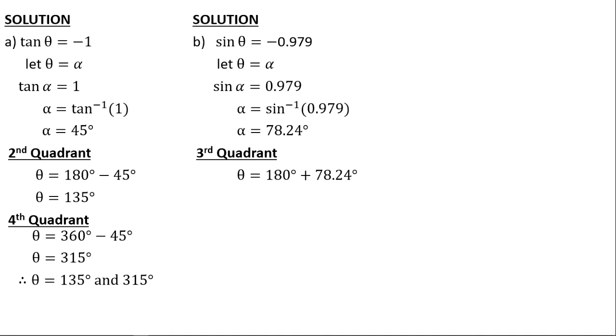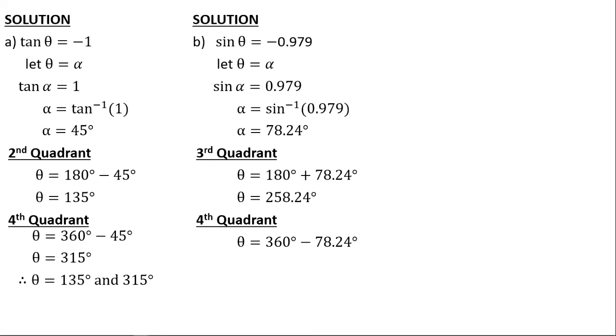Where there's alpha, replace 78.24 degrees. Our theta will be equal to 180 degrees plus 78.24 degrees. Our theta will be equal to 258.24 degrees. In the fourth quadrant, our theta equal to 360 degrees minus alpha. Where there's alpha, we'll replace our 78.24 degrees.